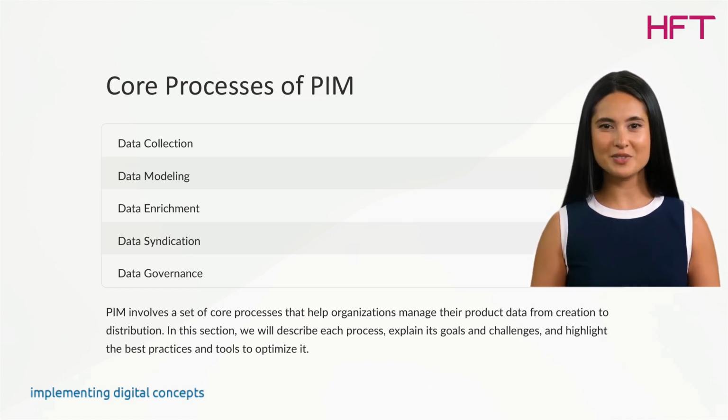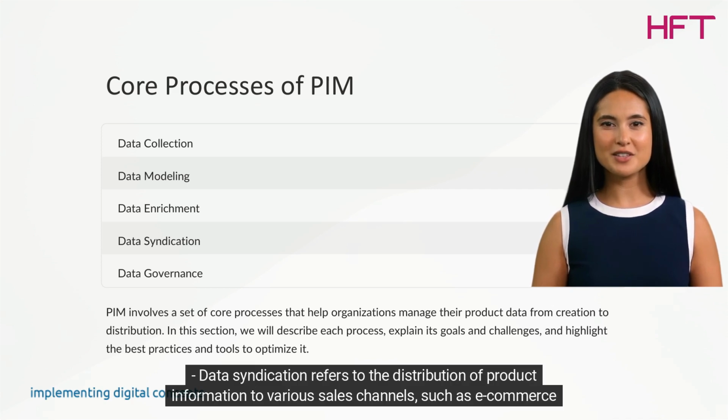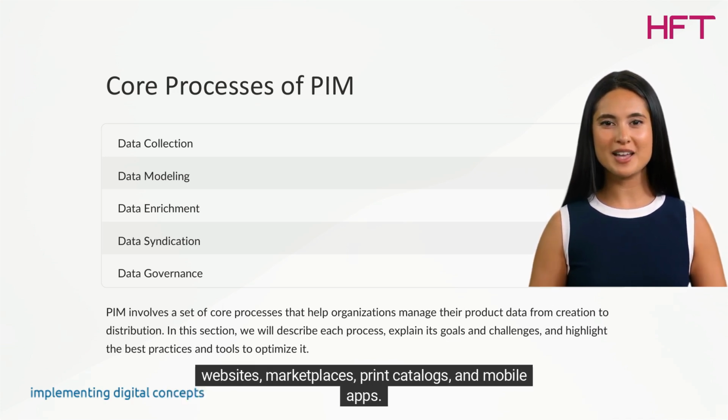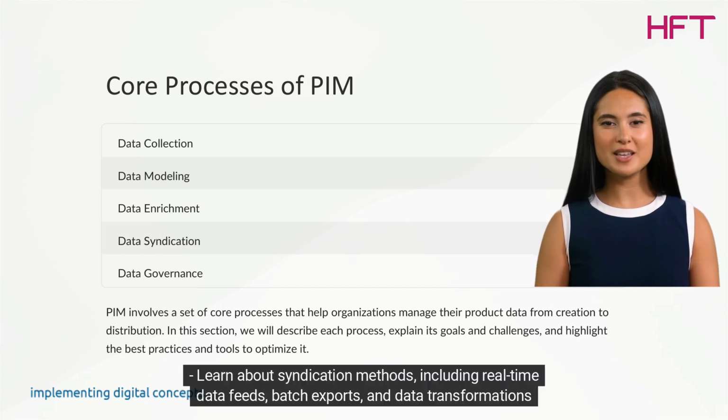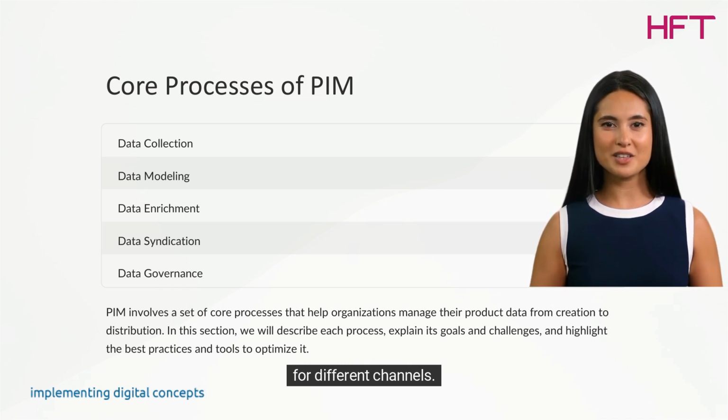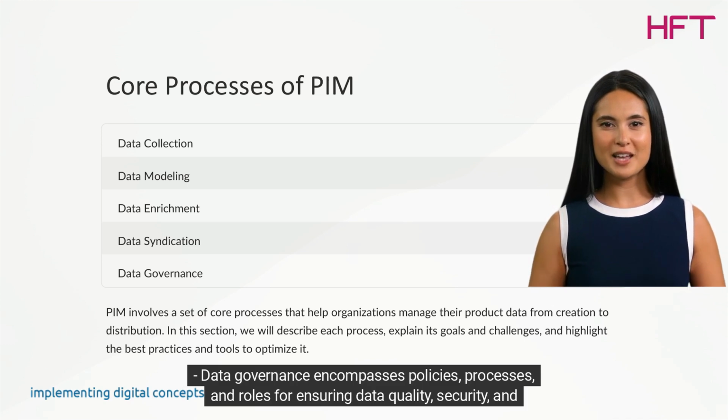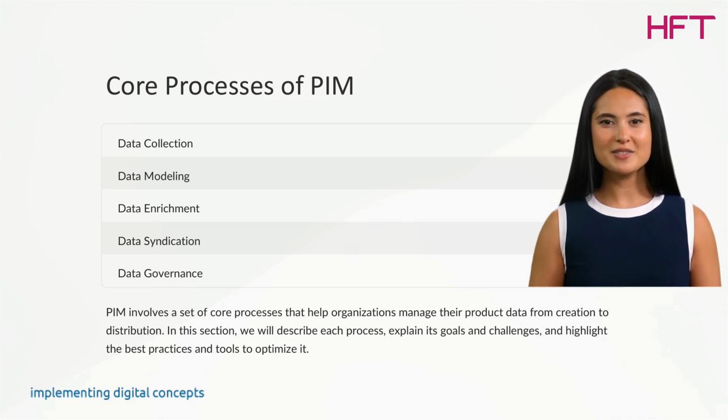Data syndication. Data syndication refers to the distribution of product information to various sales channels, such as e-commerce websites, marketplaces, print catalogs, and mobile apps. Learn about syndication methods, including real-time data feeds, batch exports, and data transformations for different channels. Data governance. Data governance encompasses policies, processes, and roles for ensuring data quality, security, and compliance.